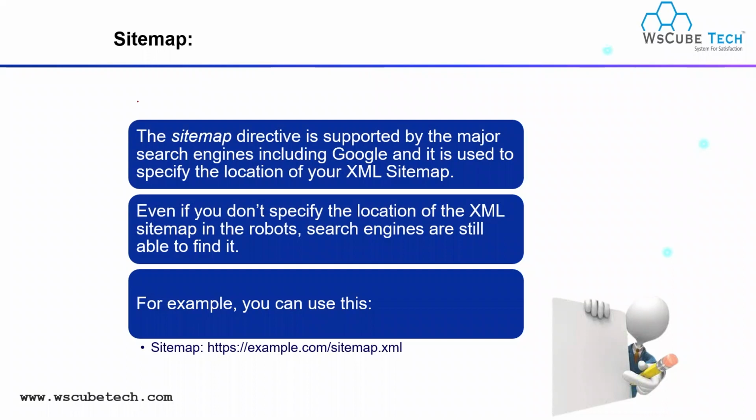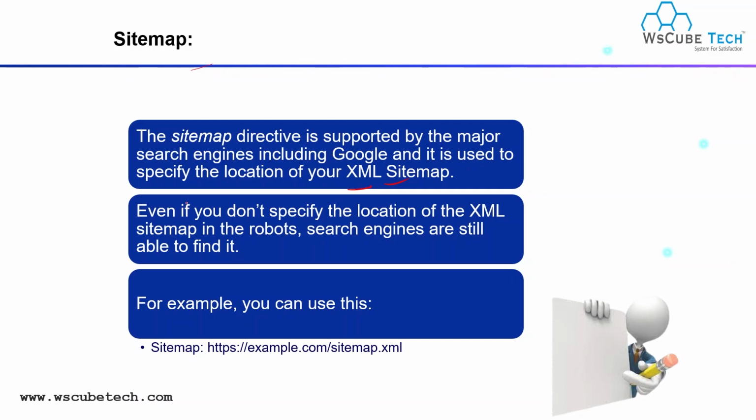Now, the last keyword we have is sitemap. The sitemap directive is supported by the major search engines, including Google, and it is used to specify the location of your XML sitemap. An XML sitemap, as we all know, is a particular file where we mention all the links of our pages, just to inform the search engine crawler about every single link on your website.